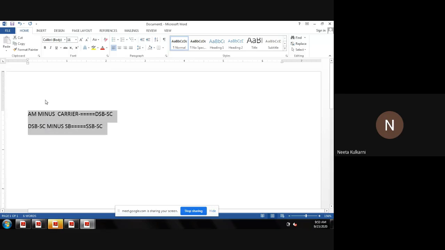These points are there at which side? Transmitter side. Yes, these points are there at the transmitter side.